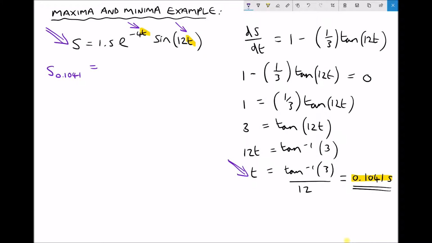So I'm going to input the following: 1.5 e to the power of minus 4 times answer times sine, open brackets, 12 times the answer, close brackets, equals. And the answer I get for that is 0.938, accurate to 3 decimal places.